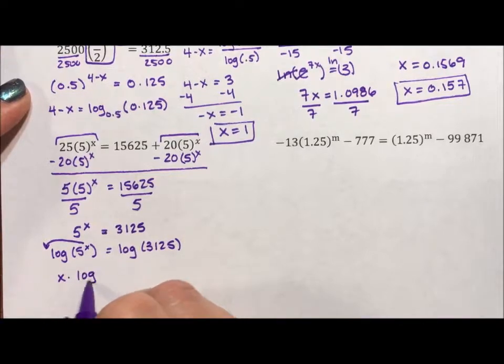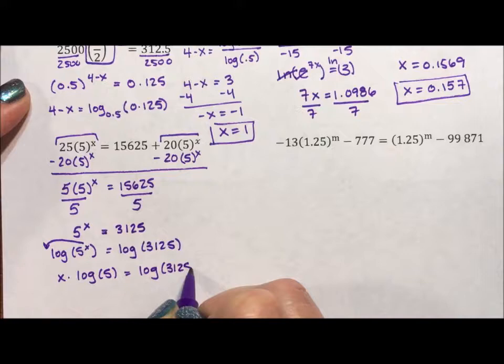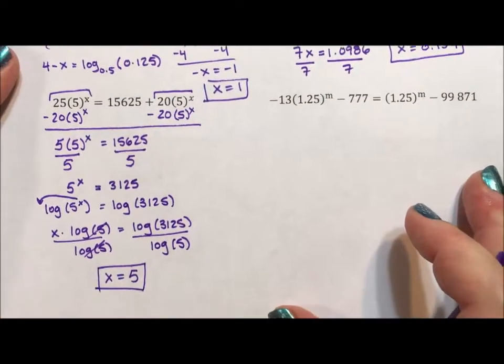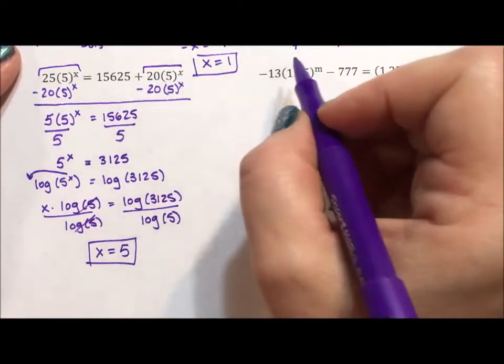X times log of 5 equals log of 3125, and then I can divide by log 5. When I do that, this I can throw into a calculator, and I get that x is equal to 5. No rounding needed.